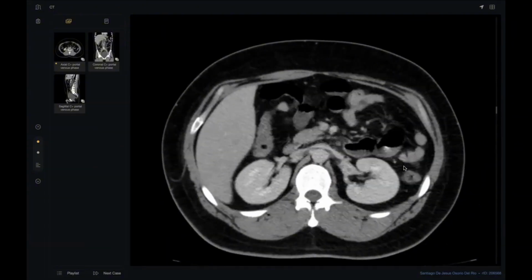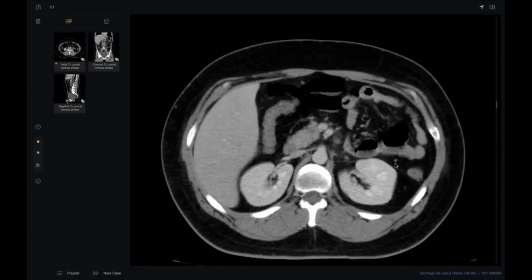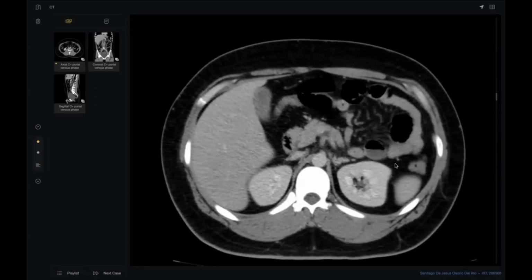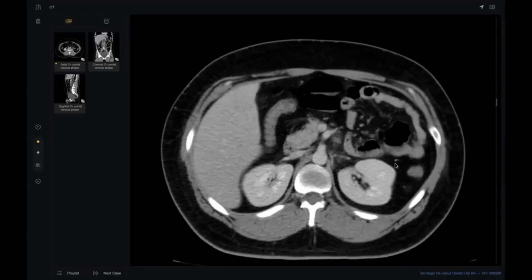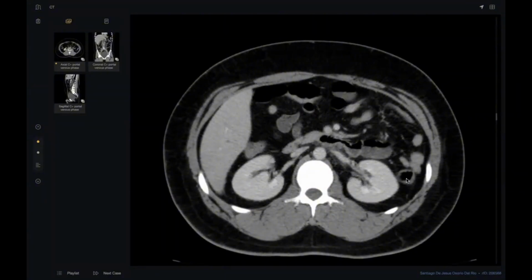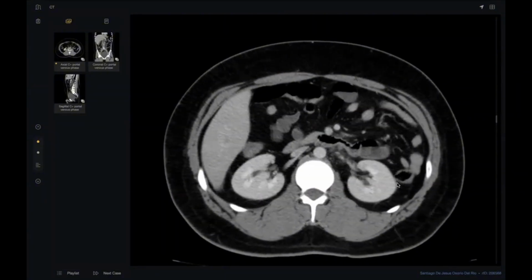Sir, can I see it on the coronal sections? No, one second. What is this? The duodenum? No. Which part, sir? Can you see my mouse?